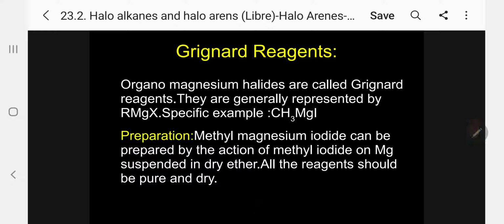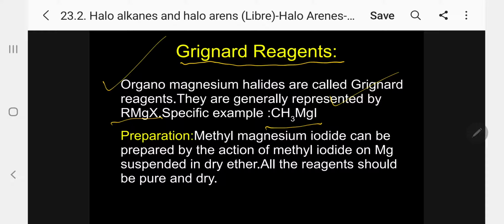Now, Grignard reagent. This is the next subunit. So we are going to discuss the Grignard reagent. Organomagnesium halides are called Grignard reagents. They are generally represented by RMgX.